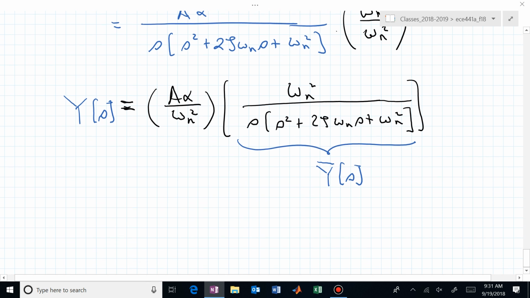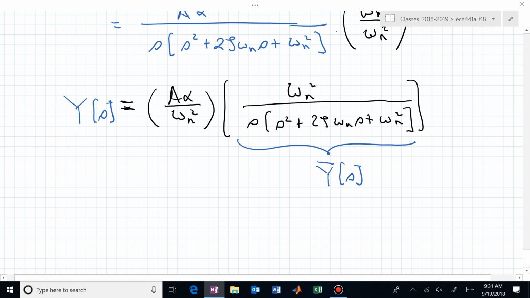Maybe you don't see anything special about y bar, but let me give you a hint. In the numerator, we have omega sub n squared. What's the constant in this second order factor? It's also omega sub n squared.